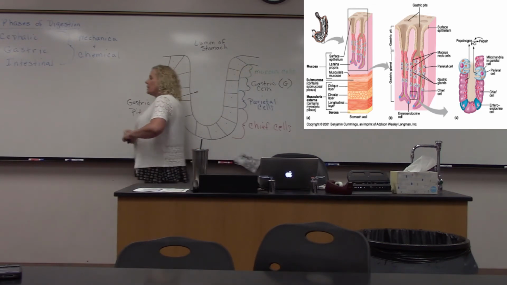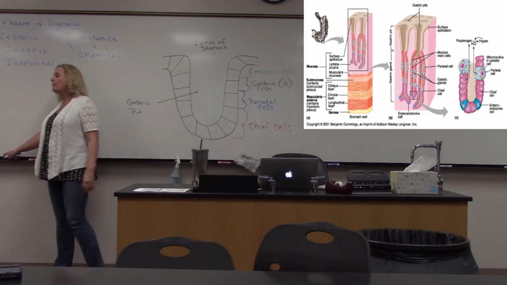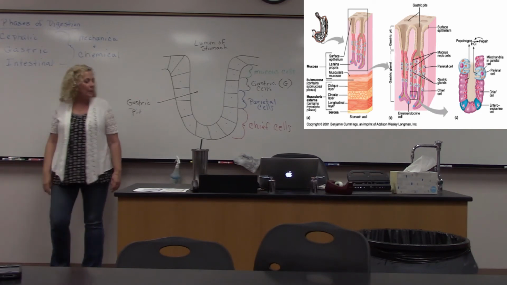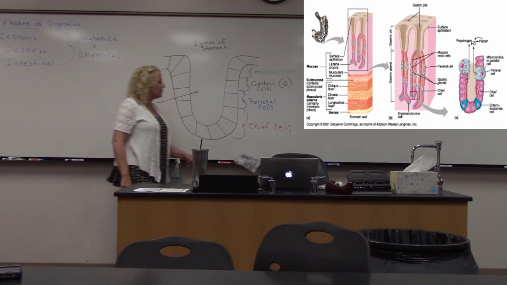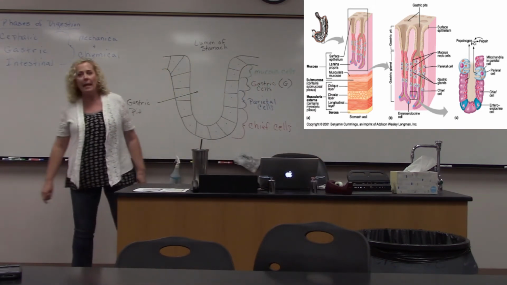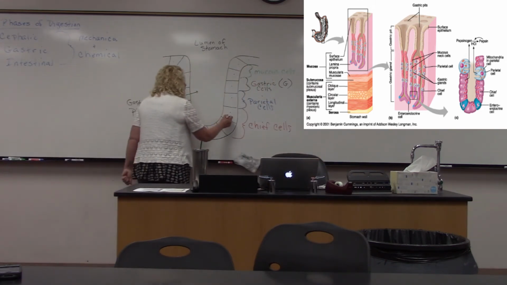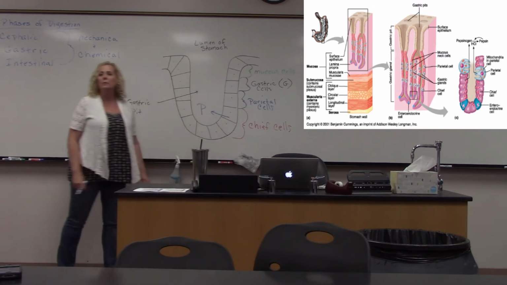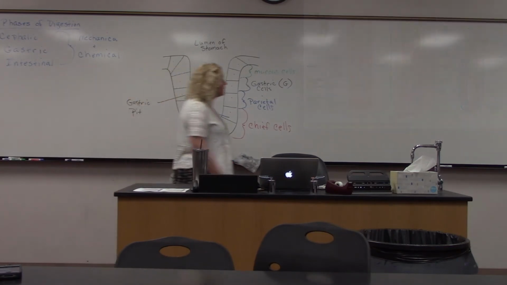Each of these different types of cells makes a different type of chemical for the digestive process. Okay? So let's talk about the chief cells first. The chief cells secrete an enzyme, which is secreted into the gastric pit. And I'm just going to put a big P here for that enzyme.